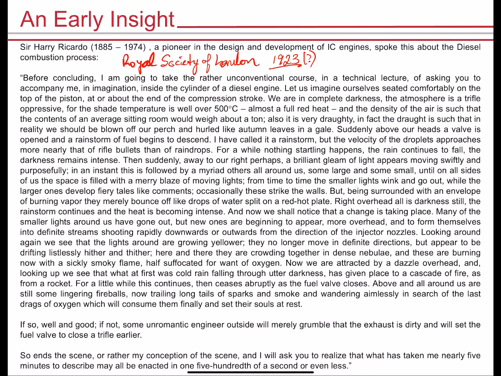In an instant, this is followed by a myriad others all around us, some large and some small, until on all sides of us the space is filled with a merry blaze of moving lights. From time to time, the smaller lights wink and go out, while the larger ones develop fiery tails like comets.